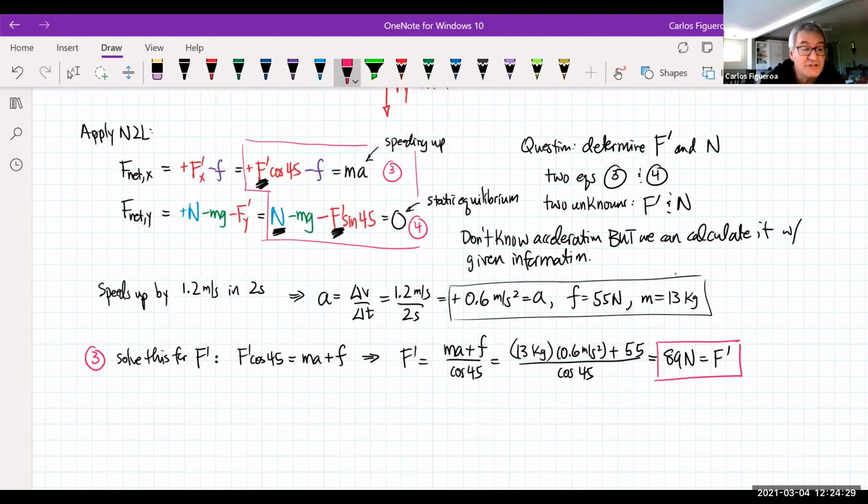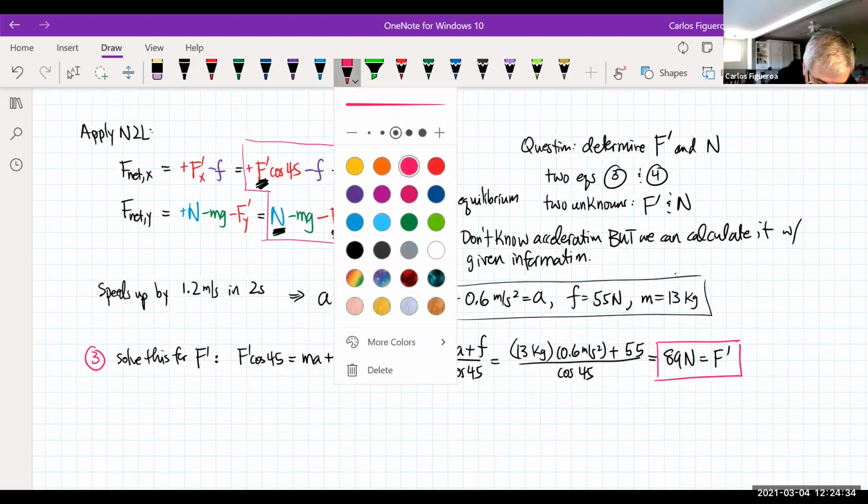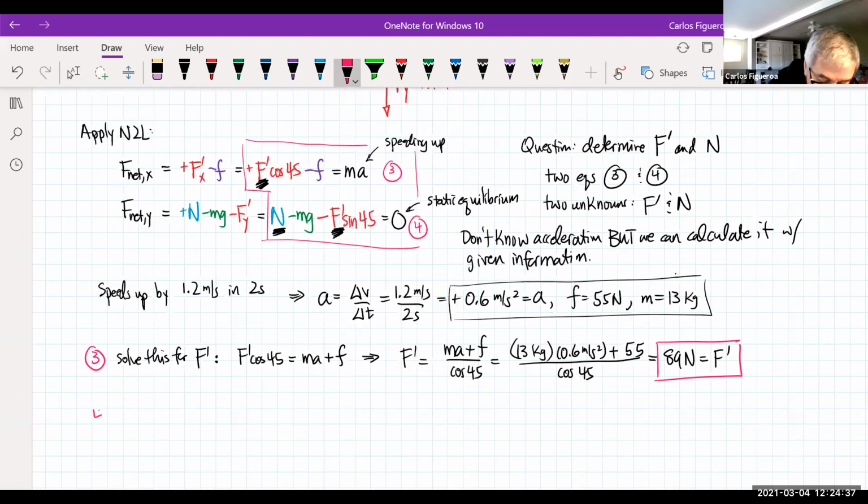So now I can use equation 4 to get the normal. Going to equation 4, I'm going to solve for n. Looking at the equation, I have to take F prime sine 45 to the right, and I have to take mg to the right. So I'm going to get the normal equals mg plus F prime sine of 45.